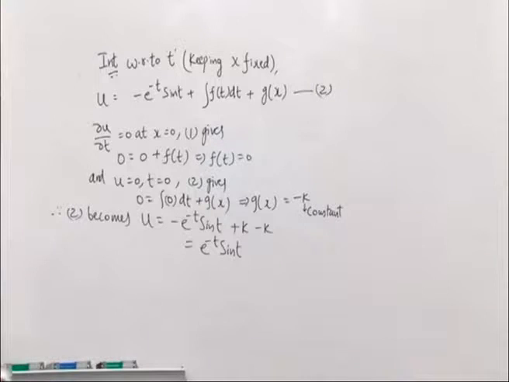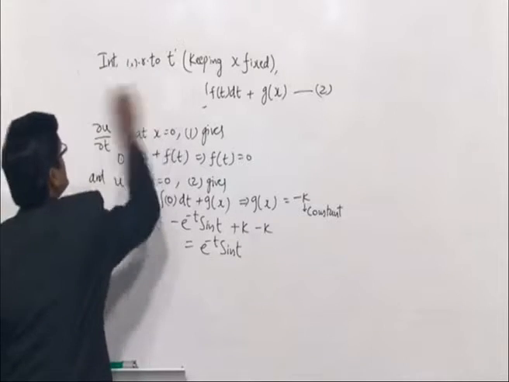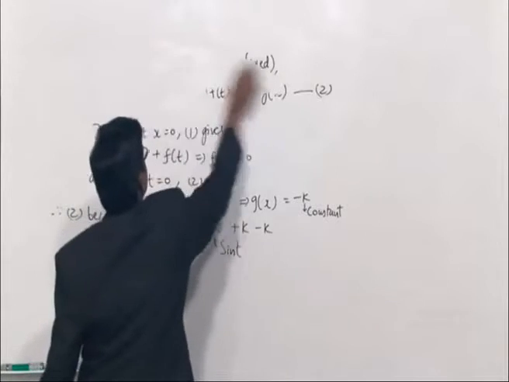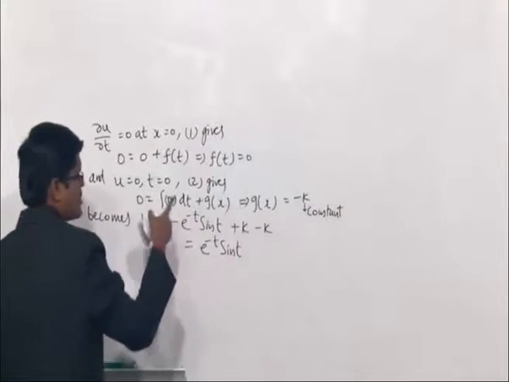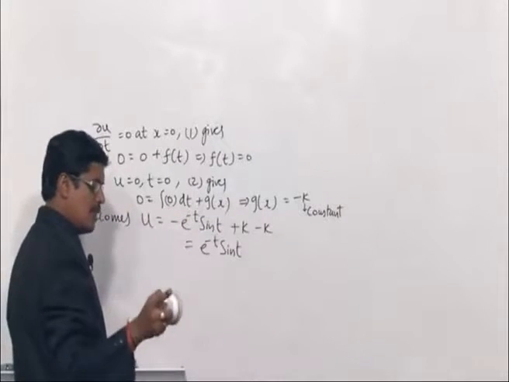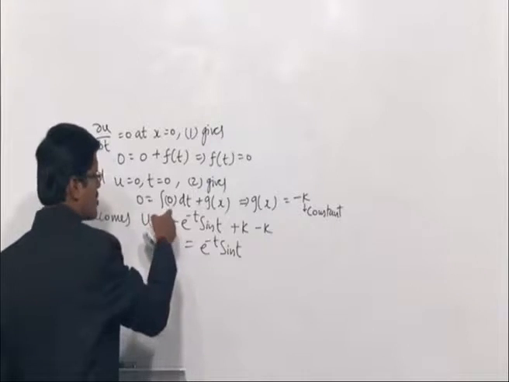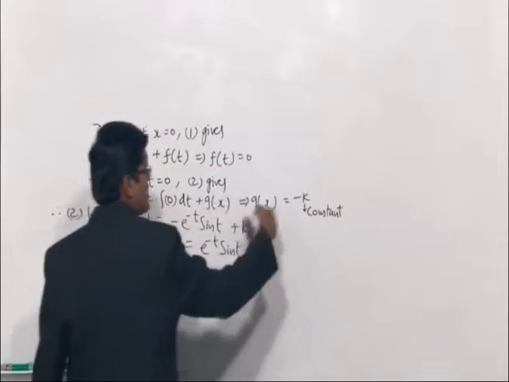So this is an example whose solution is obtained by using direct integration, one by one. The definite integral of 0 means 0, the indefinite integral of 0 means a constant, which I took as k, so sending that k to the other side, g of x becomes minus k.